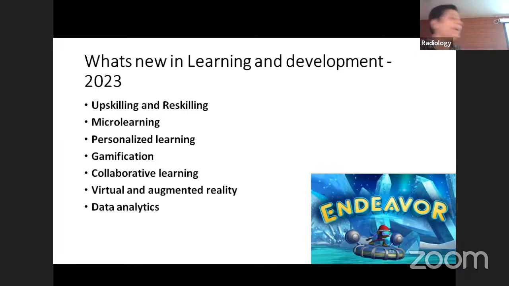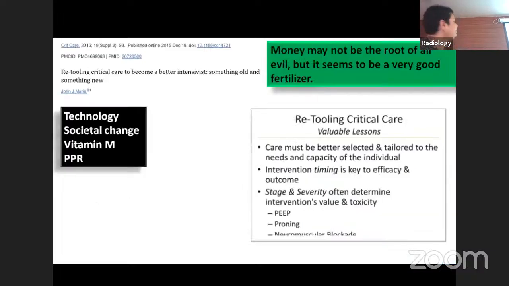If my daughter was playing Endeavor, I would have given her a tight slap on her face right now. But then, I don't know, maybe in the future, this will be the way we all learn. So it is time for us to retool the way we learn critical care, right?